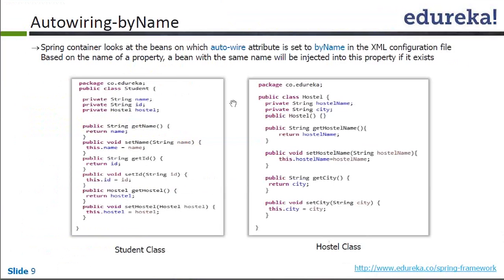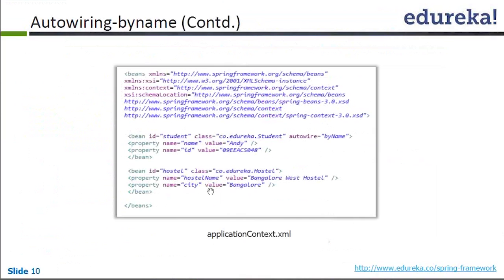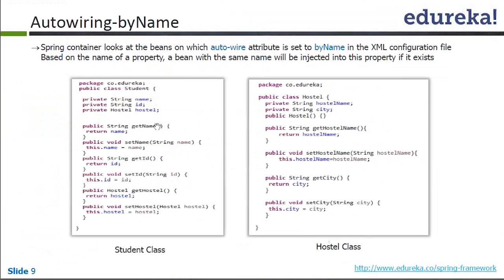See, I have a hostel class and a student class. So here I have a reference of hostel. Usually we know that we need to write a bean for hostel and a bean for student, and we have to refer to the hostel bean for this hostel, which we do by using the ref attribute. But if you see here, I supplied values for name and ID, but I ignored hostel completely.